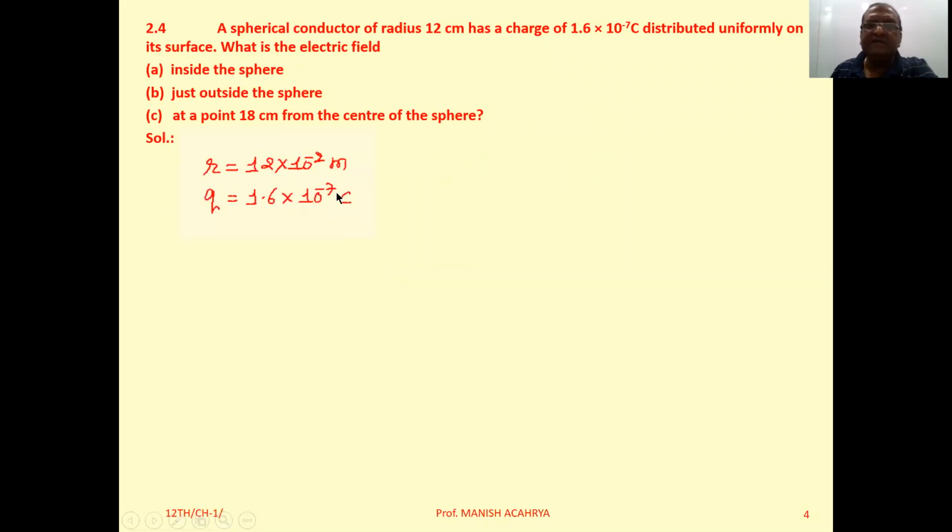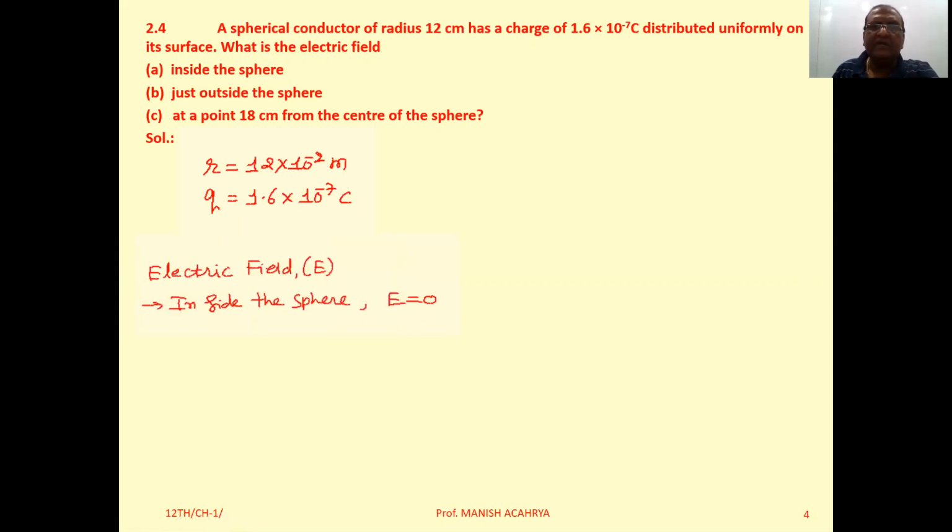Now, the radius of the sphere that is given to you is 12 centimeter. So that is 12 into 10 raised to minus 2 meter. Now, the charge on it is Q equal to 1.6 into 10 raised to minus 7 coulomb.